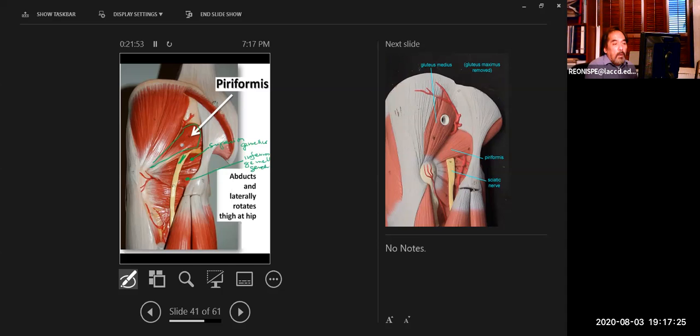Then in the middle is the obturator internus. And then there's one other thing here I forgot. It's square. Looks like four corners. We call it quadratus femoris.